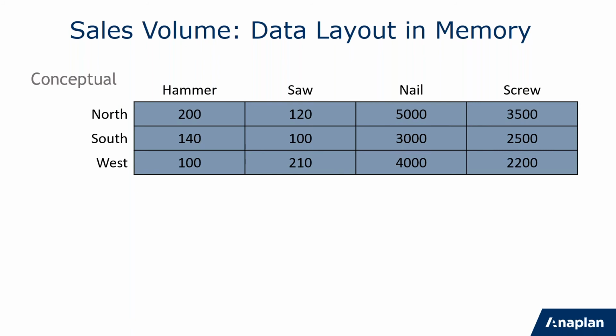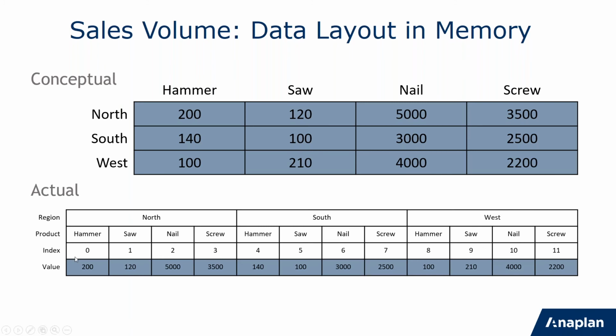So what does that block actually look like in memory? Taking a slightly simpler example, the 2-dimensional example, in this case region by product, you think of it as a grid, but the way we lay it out in memory is as a continuous sequence of numbers. So as it is down here, this is the same sequence of numbers. So the top line, then the next line, then the next line. And when you ask for a particular one, we look at the rows and columns of that and we translate it into what that means.